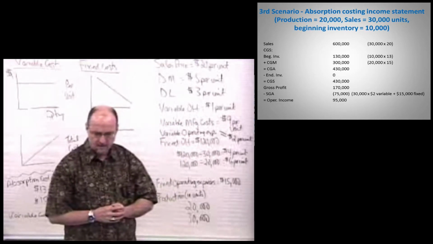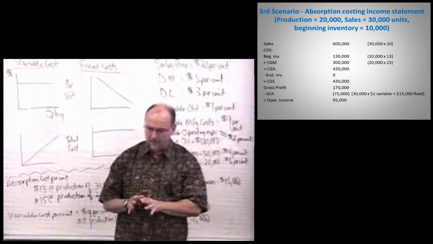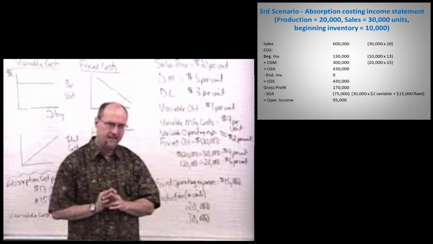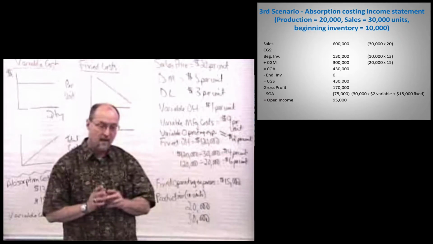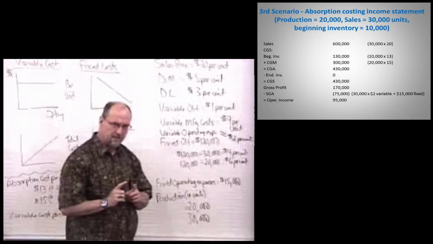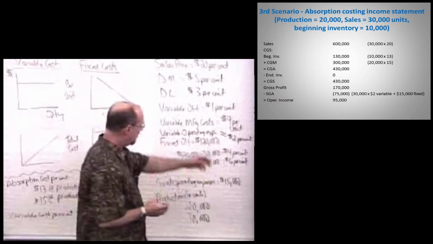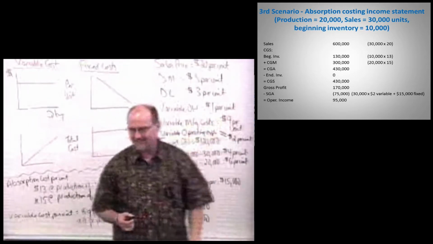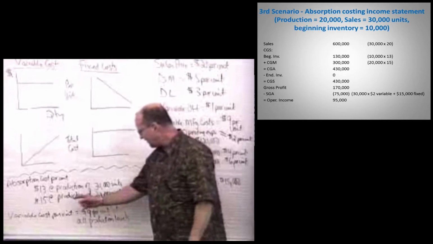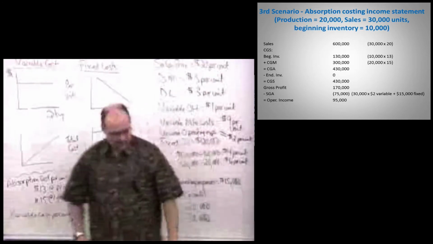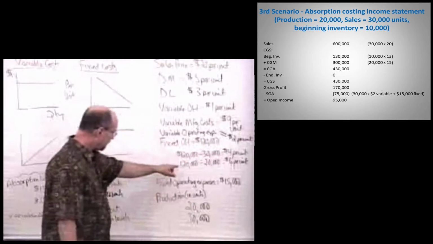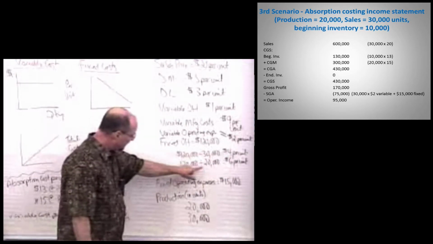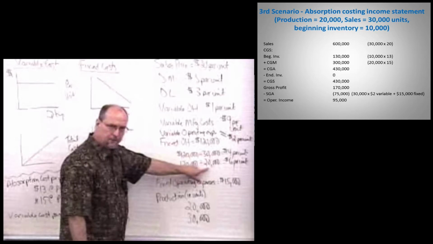Now, before we look at the income statement, I want to go back to the board here. I only produced 20,000 units this period. Under absorption costing, my product cost would be the $9 per unit plus $6 per unit right here, because that fixed overhead of 120 is getting distributed over fewer units.